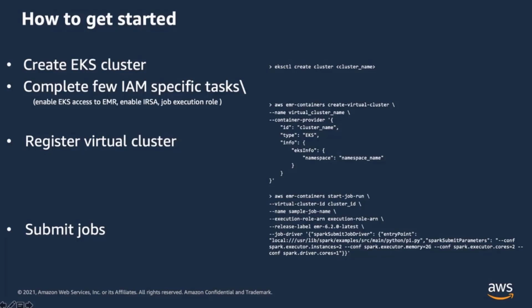And then you have to enable IRSA, which is IAM roles for service accounts, a required component. Whenever you spin up your job, only your jobs can assume the IAM roles that are created for you. That is the job execution role, which you see next. Each job can have different permissions, so all of that is built in and you can easily manage it. After that, you just register your virtual cluster and then submit jobs, like I showed you earlier.